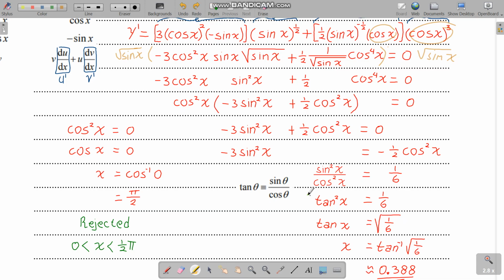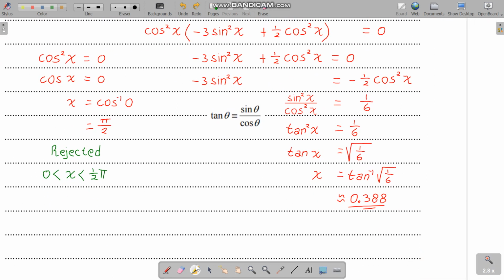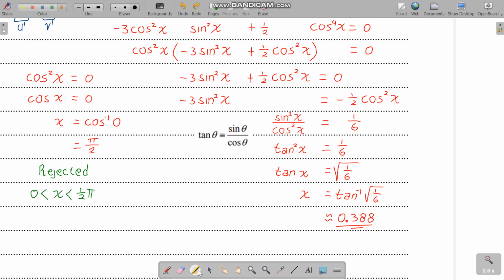So we take the square root of both sides now. So we have tangent x equals the square root of 1/6. In case you are wondering why we ignore the negative square root, well, because the domain is only in the first quadrant, so we only use the positive tangent, not negative. So there's only one x coordinate, there's only one answer.